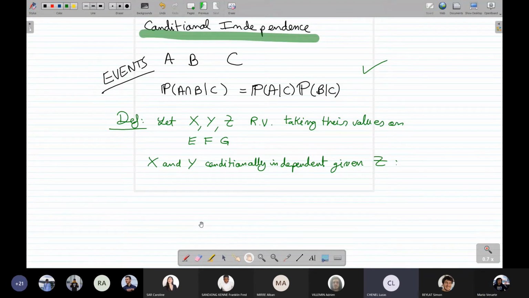Donc c'est toujours un peu la même chose en mathématiques. On définit des petites briques de base et ensuite les briques suivantes, on les définit en termes des briques précédentes. For the moment, the only conditional independence definition we have is for events. And we want to generalize that to conditional independence of random variables.